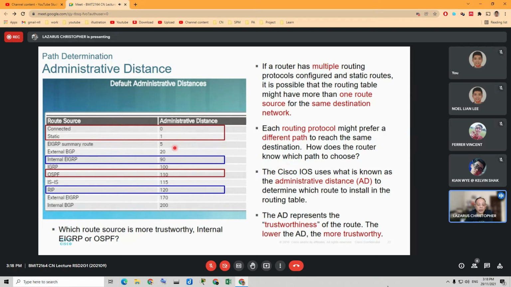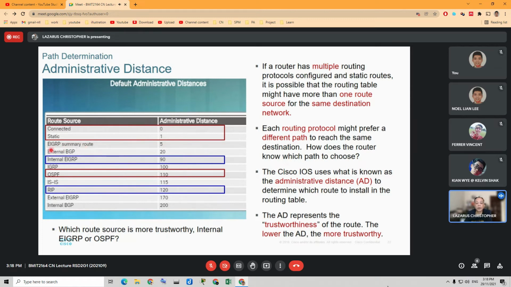Then the next is EIGRP summary route. Then external BGP. Okay, BGP I think will be covered in a later chapter, so I'm not going to talk about it here. But EIGRP is the third protocol. Remember that we specified the options: the first one being RIP, then OSPF, and then EIGRP.